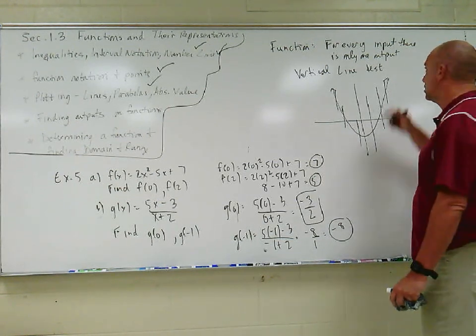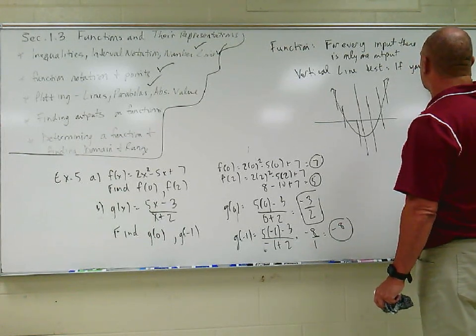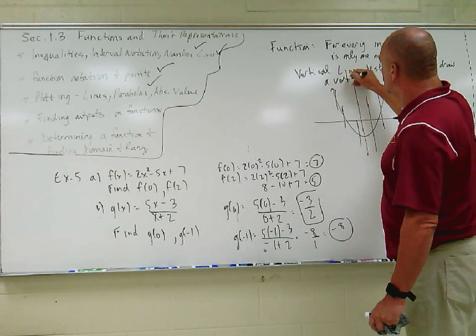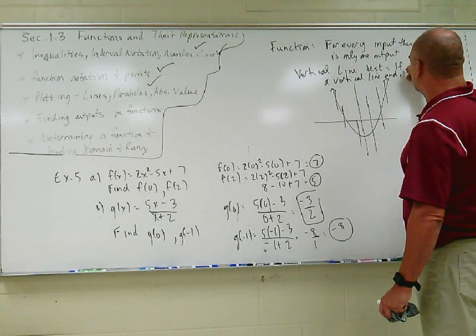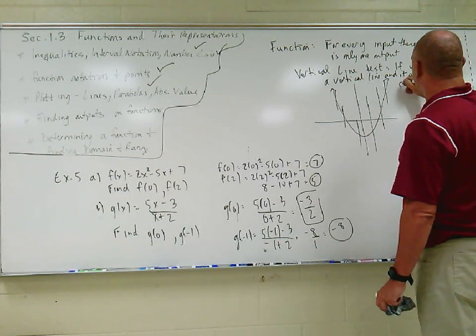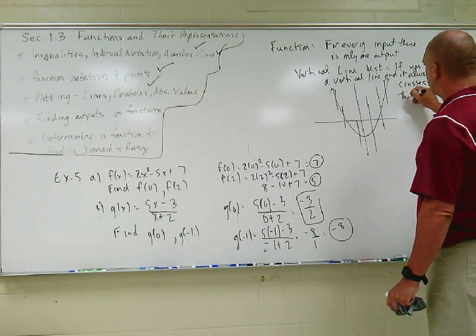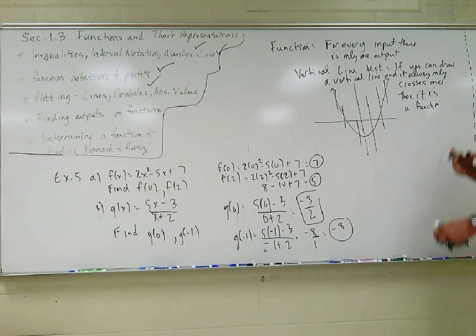So vertical line test: if you can draw a vertical line and it always only crosses once, then it is a function. Okay, so that's a good way to visualize it if you just look at the graph.